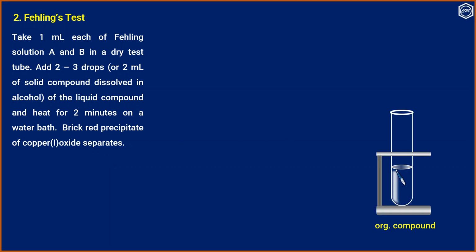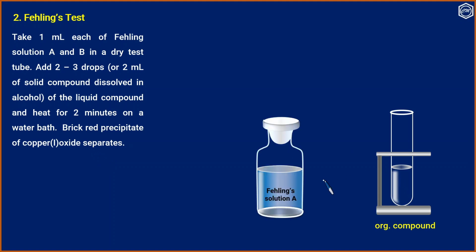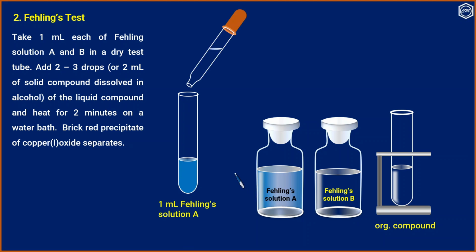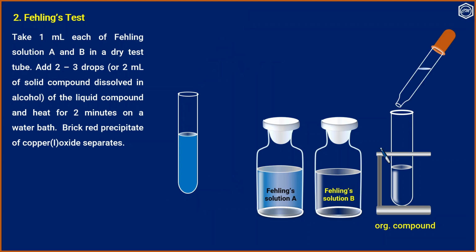So, for the organic compound, this is Fehling solution A, Fehling solution B. First we take 1 ml of Fehling solution A. To that we are adding 1 ml of Fehling solution B. Mix it well, and to this solution we add a few drops of the given organic compound using a dropper.